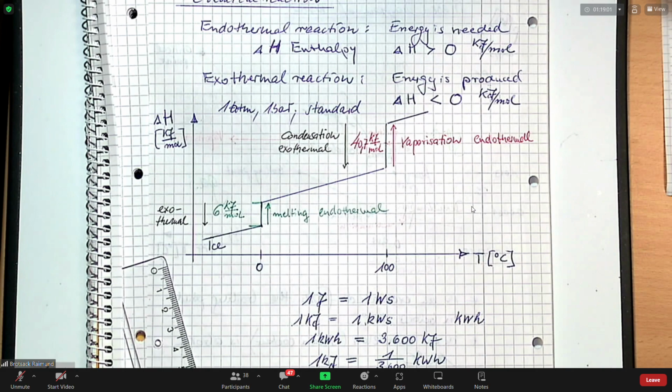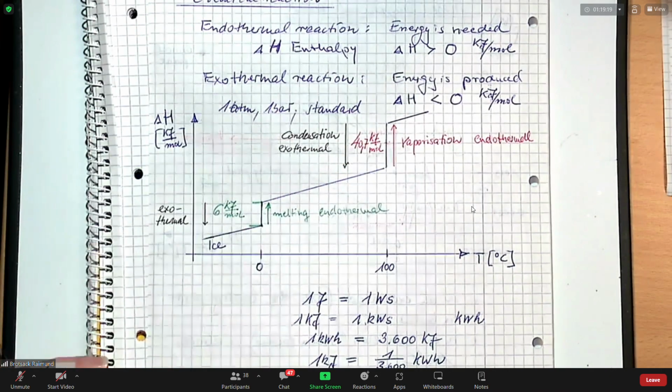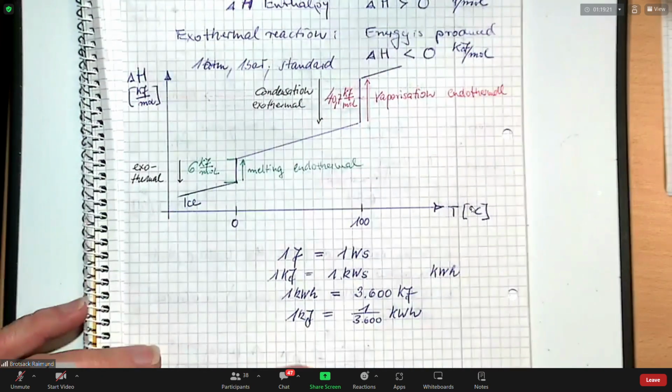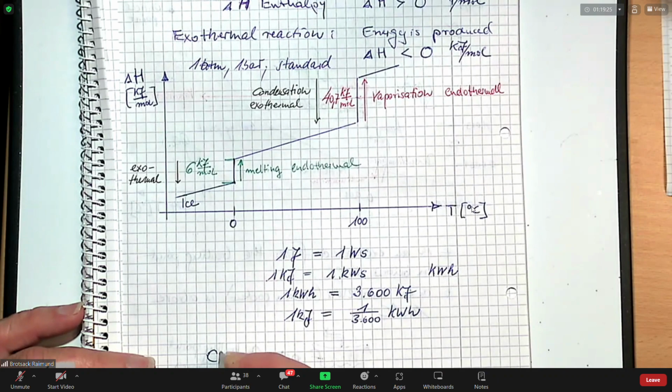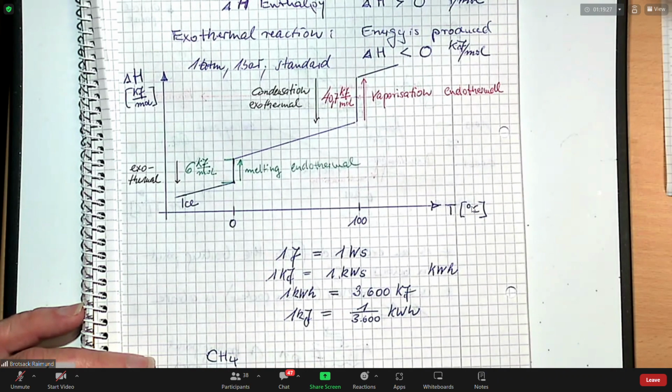This is interesting. Just as an example, if you burn coal, let's not talk about coal, let's talk about methane gas. Burning methane gas, it's a combustion. Are you able to construct the chemical equation for the combustion of methane gas?